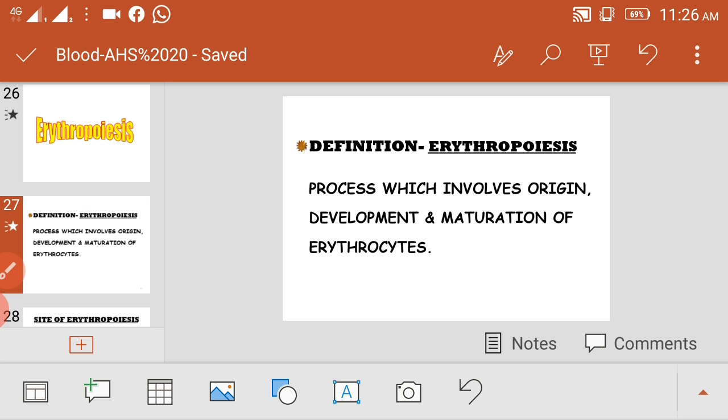So origin, where it originates, developing, then maturation. After the formation of the cell, the maturation is very important, to perform their function. So that is called erythropoiesis, the process which involves origin, development and maturation of erythrocytes.